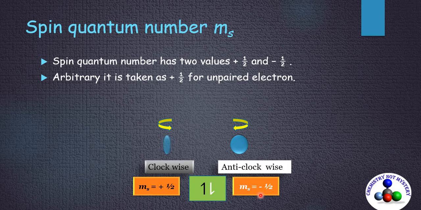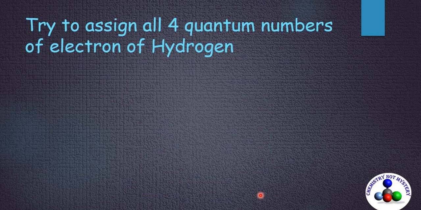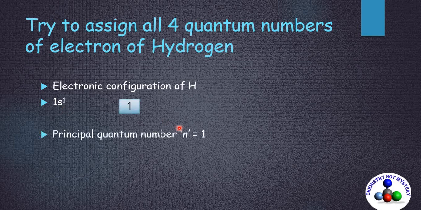Let's try to assign all 4 quantum numbers to the electron of hydrogen. First, write the electronic configuration of hydrogen, that is 1s1, as this electron belongs to the first orbit. The principal quantum number n will be equal to 1. Next quantum number is azimuthal quantum number, and it defines the type of subshell.